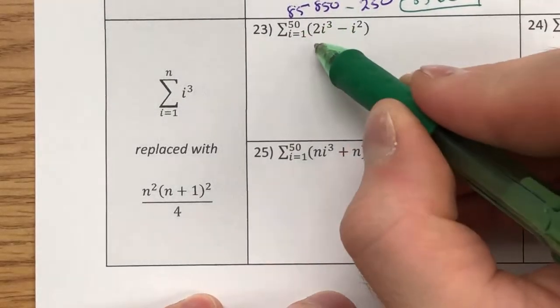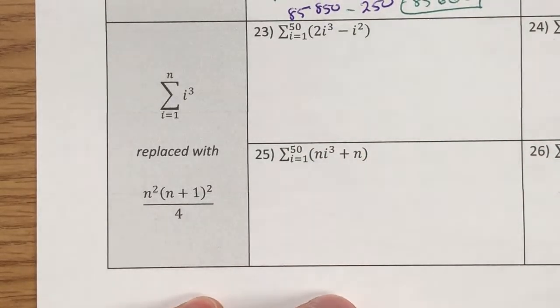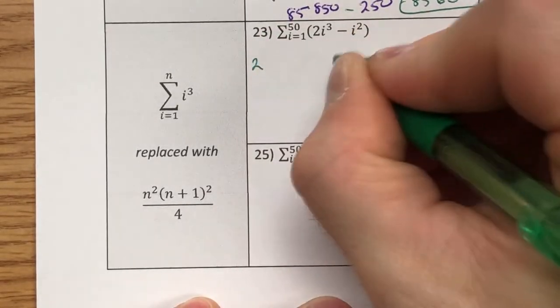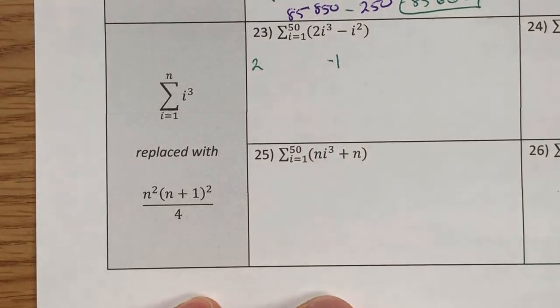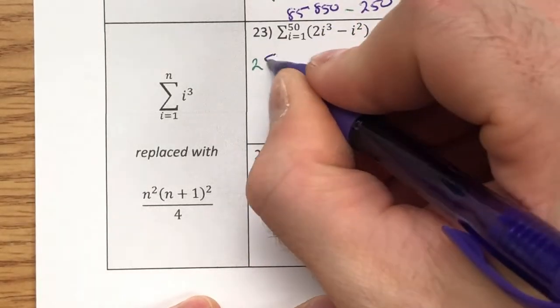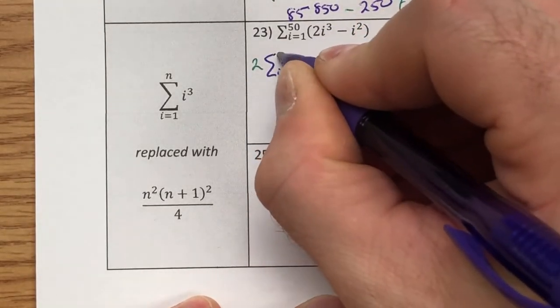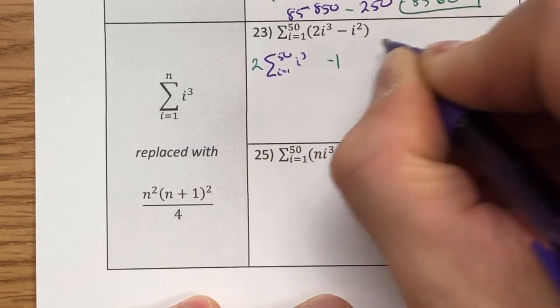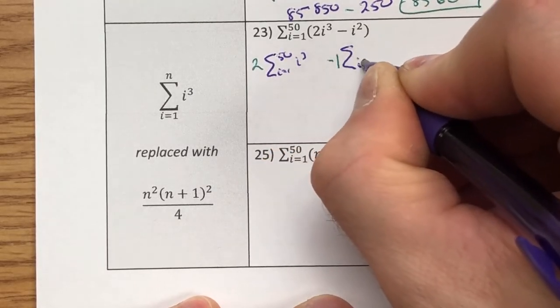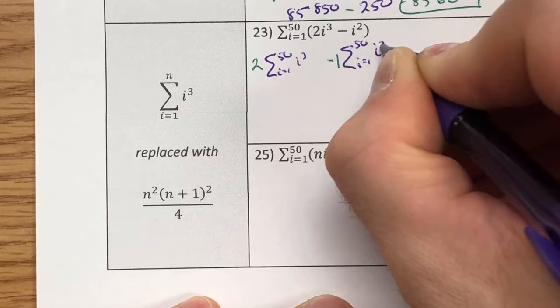Okay, so with this, we're going to break this down into a 2 and a negative 1. We have the sum of i cubed and the sum of i squared.